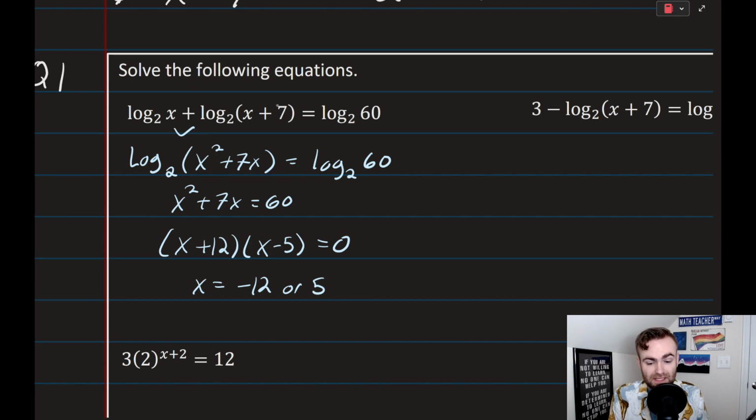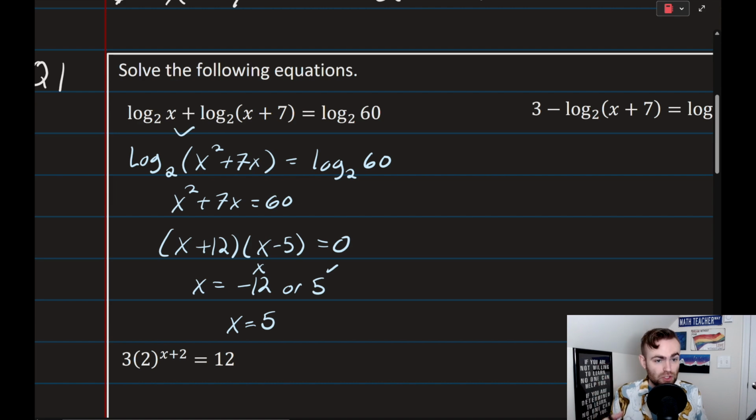Because if we have this plus here, this argument could be negative, anything larger than negative 7. But I digress. Negative 12 doesn't work in this logarithm, nor does it work in that logarithm. So negative 12 doesn't work. 5, though, works here and works here, so 5 is okay. So our one and only solution is x equals 5.